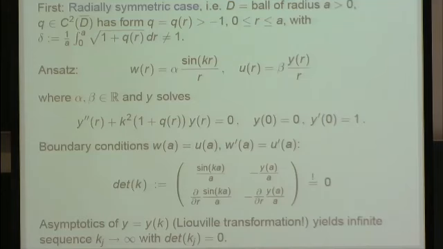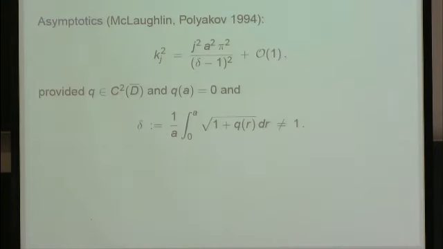In the spherically symmetric case, you have eigenvalues and they are discrete. It's pretty old stuff. You see the asymptotics even of the wave number, and Joyce McLaughlin also did the inverse spectral problem for the spherically stratified case.